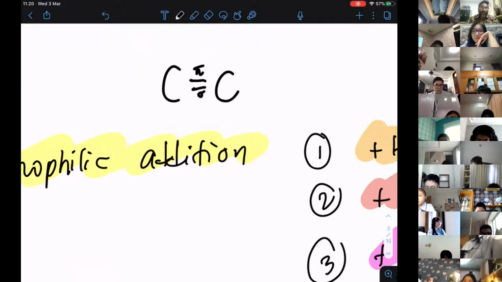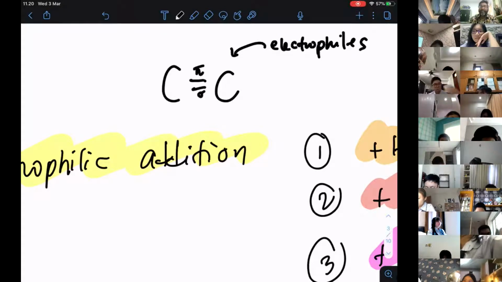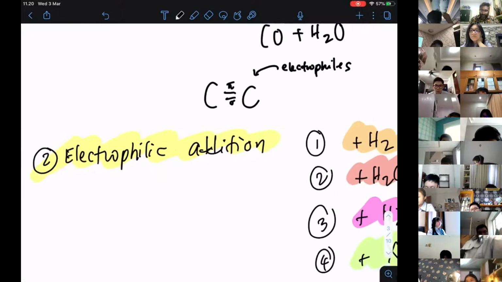If you have a lot of electrons, they will attract electrophiles, because electrophiles love electrons. So the electrophiles will attack the double bond. That's why this reaction is known as electrophilic addition.